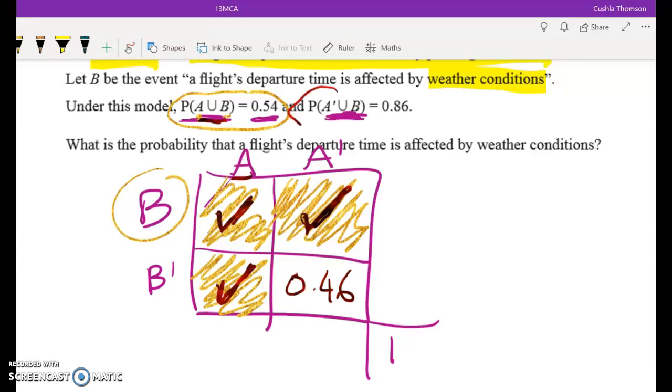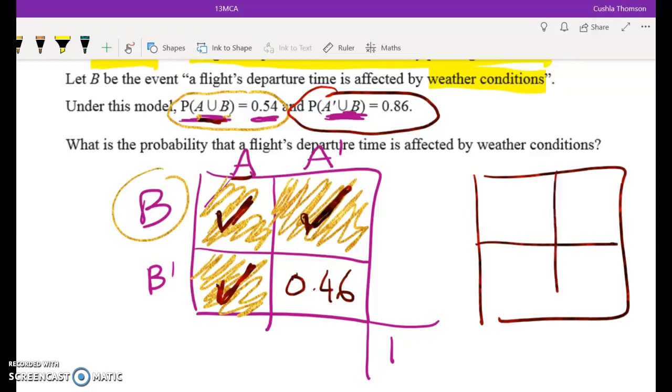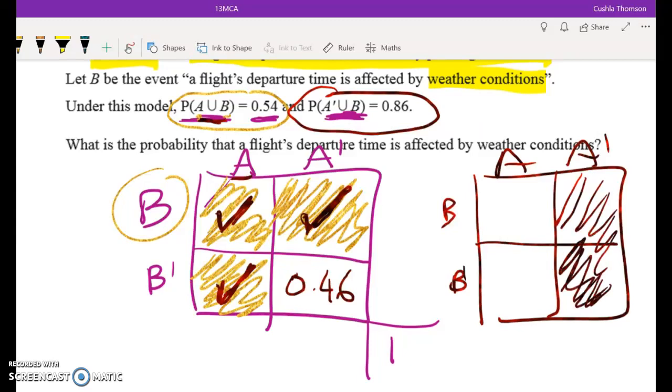Now we're going to do something similar with this one. Right, so same events. We've got B, not B, A, and not A. So not A or B is going to be here. That's the not A part, or B. So they add up to 0.86.